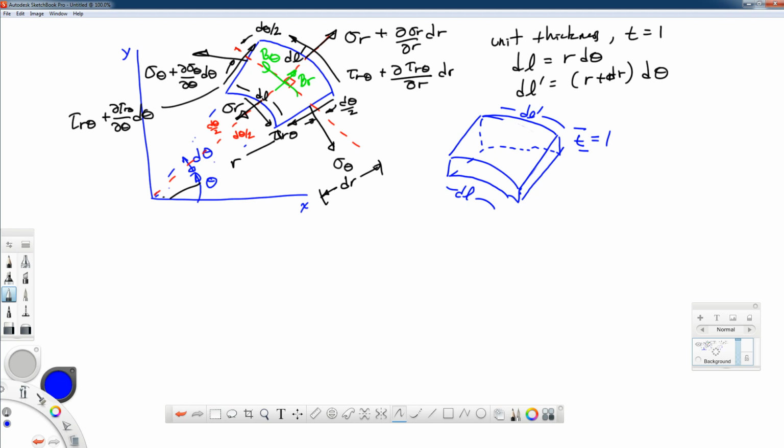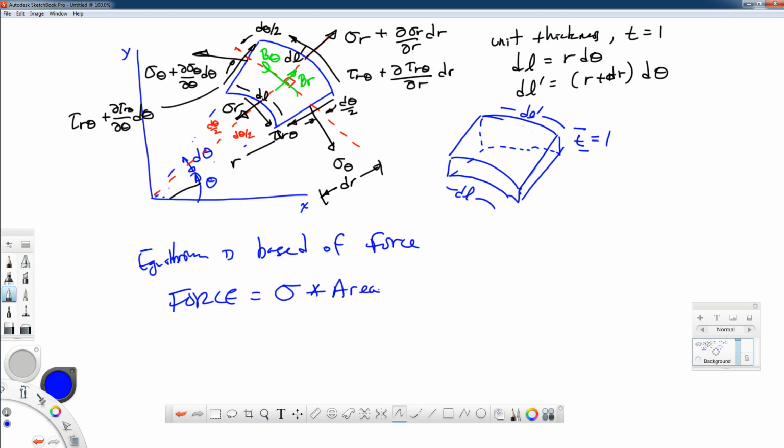Okay, now I'm going to develop equilibrium equations, and equilibrium is based on forces. Now, how do we find a force? We find a force by taking a stress times an area. So for example, one area that I'm going to look at is the area of this face right here.